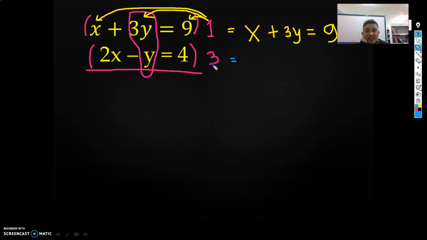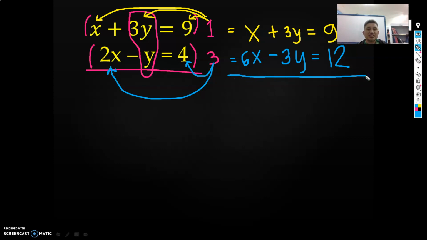Okay, so dito 3 times 2x is 6x. 3 times negative y is negative 3y. And 3 times 4 is 12.